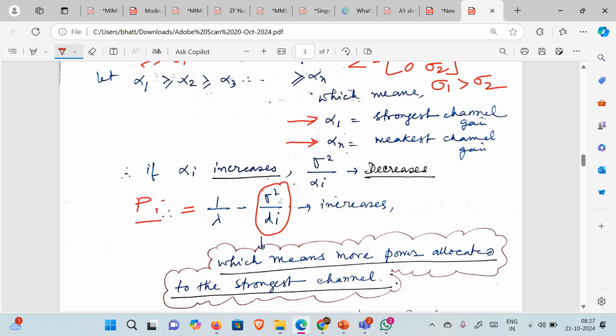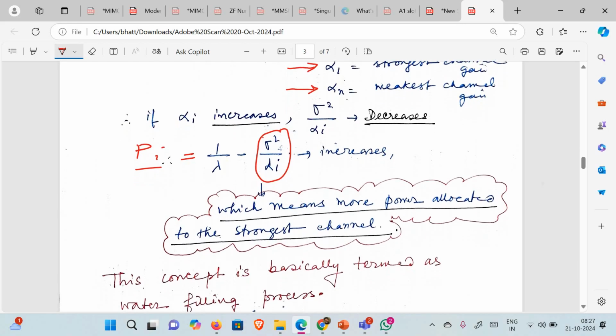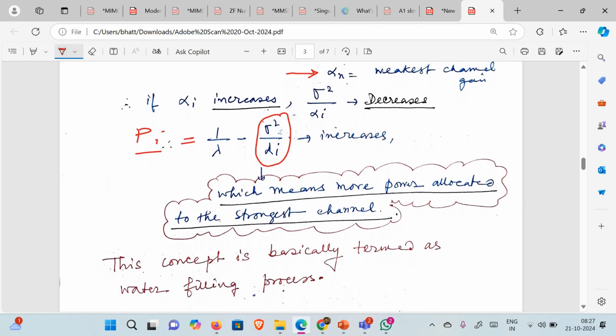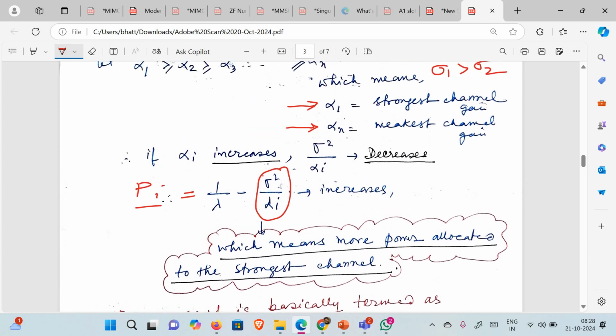So basically what it means, the last statement you can see, is that more power is allotted to the strongest channel. The factor sigma square by alpha i will decrease only when alpha is increasing. Now when alpha is increasing, it means that is the strongest channel, because we have assumed that alpha 1 is the strongest channel and alpha n is the weakest channel.